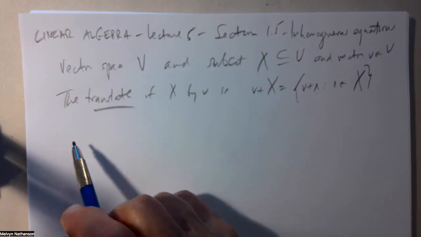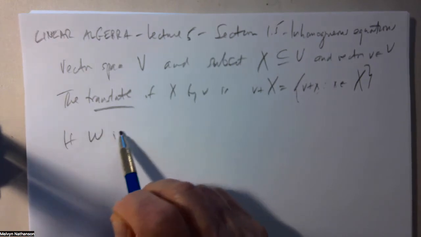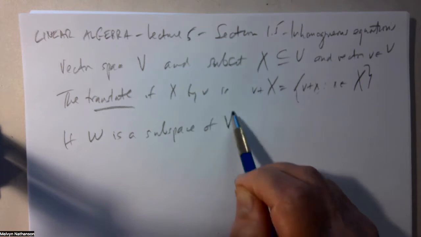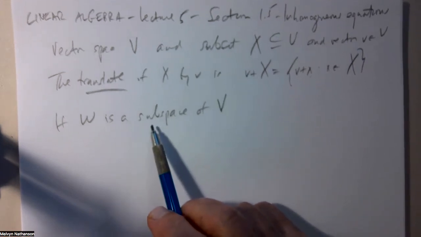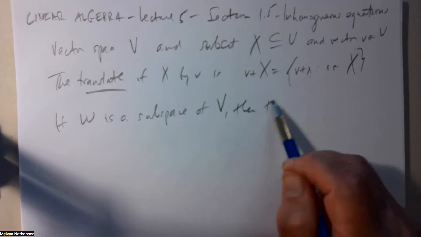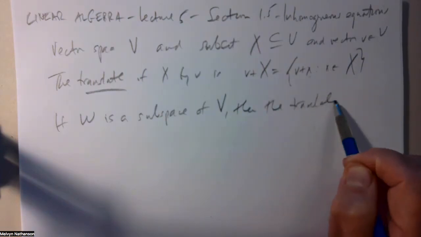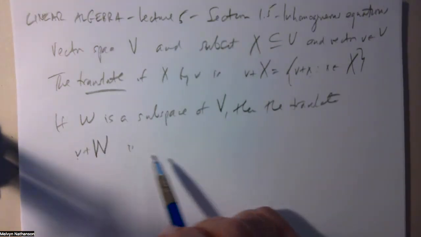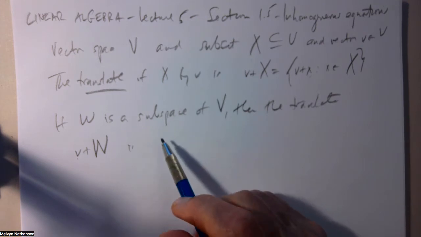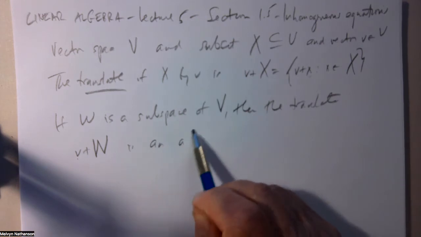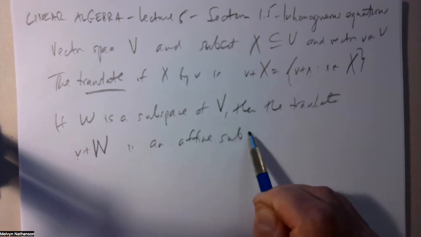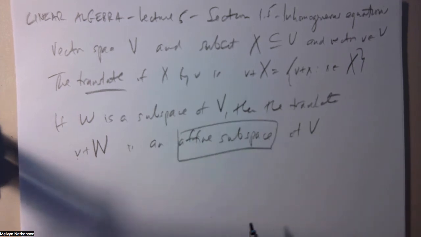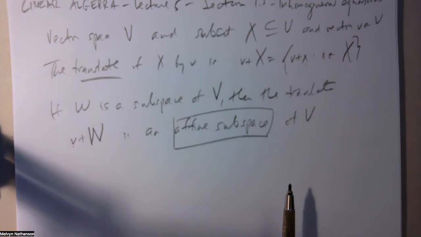And the most important case is if W is a subspace of the vector space, so not just any set, but a set that's a subspace, then the translate of W by the vector v is what is called an affine subspace of V. So there are two new words that we're introducing here.